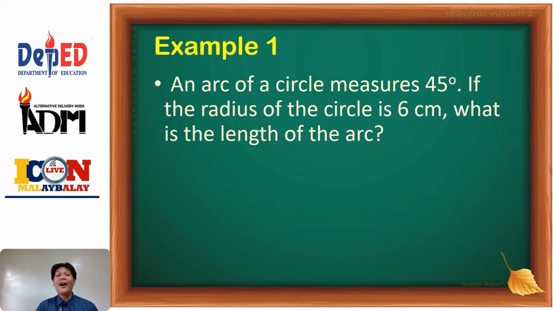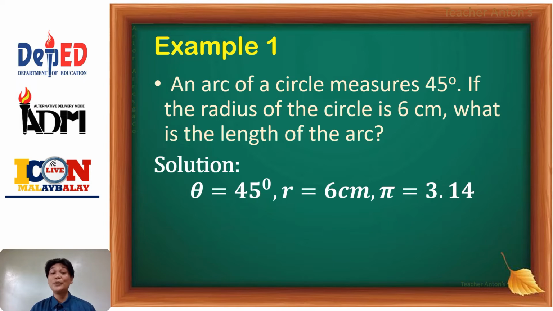Example 1. An arc of a circle measures 45 degrees. If the radius of the circle is 6 centimeters, what is the length of the arc? From that problem, we identify our givens: the central angle, which measures 45 degrees, and the radius, which equals 6 centimeters.